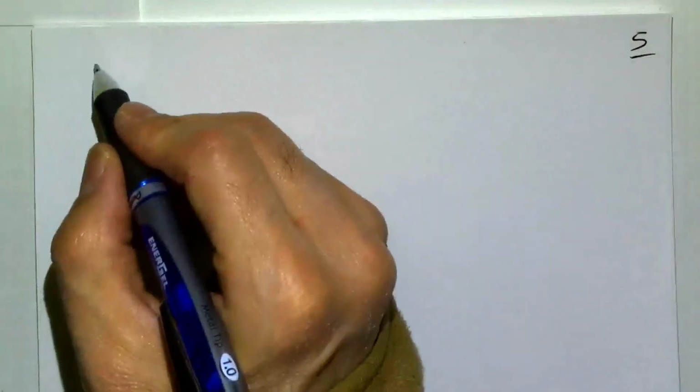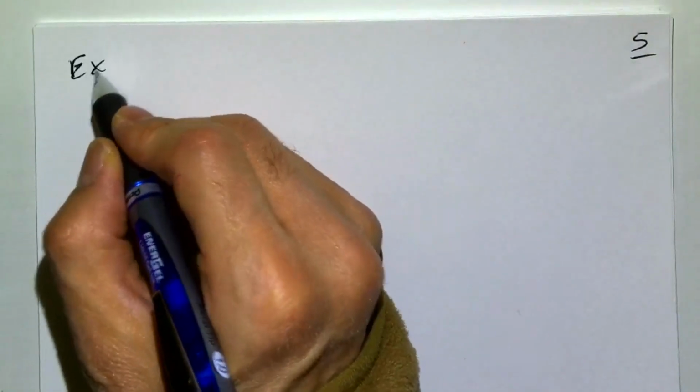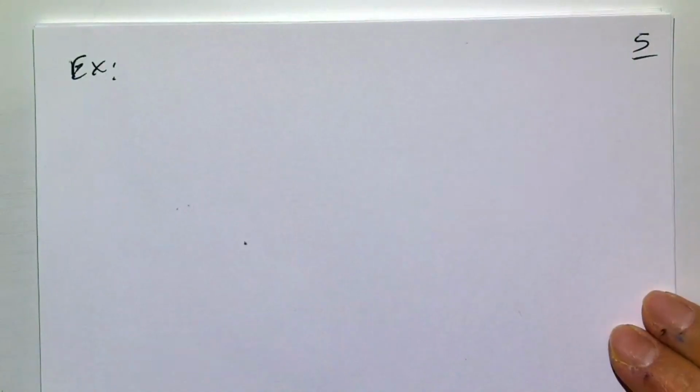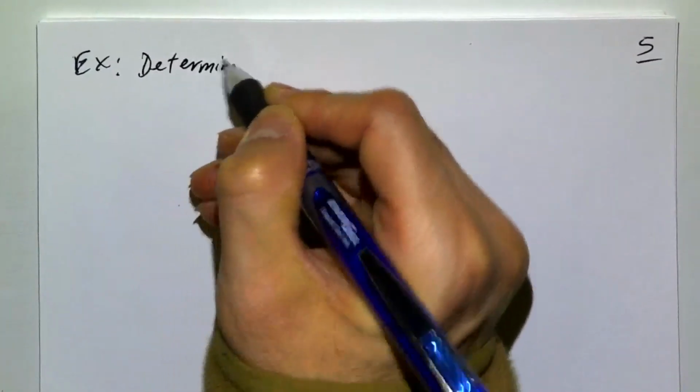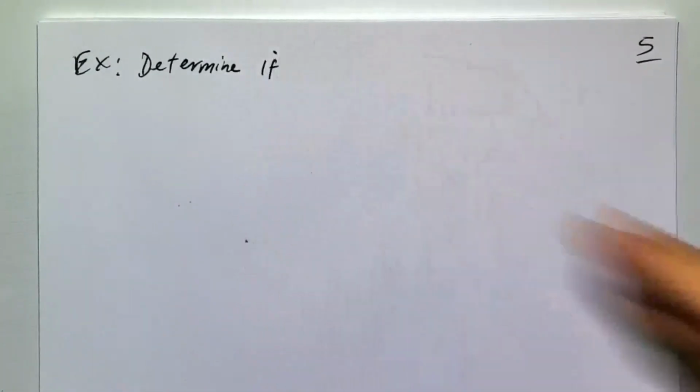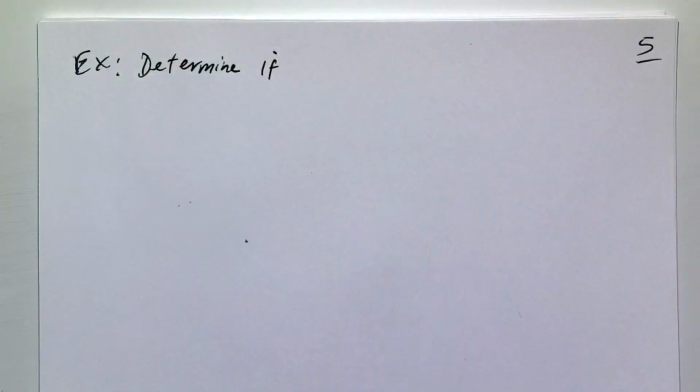So in this example, we want to determine if the following vectors are perpendicular or not.